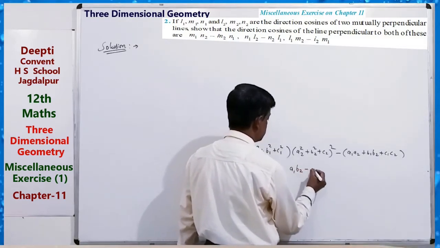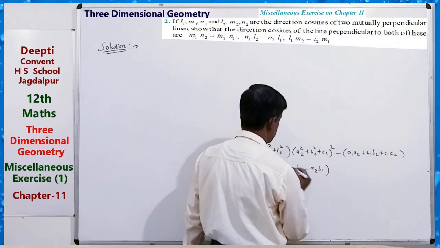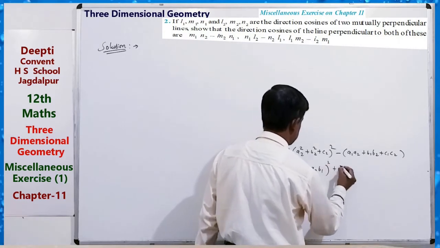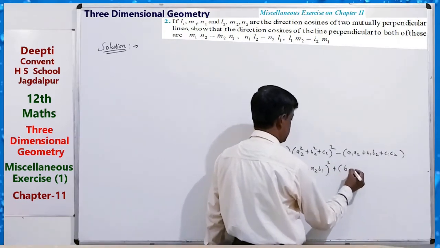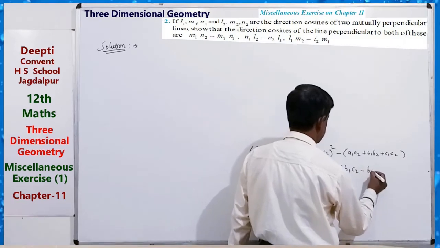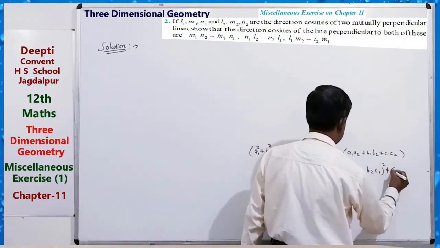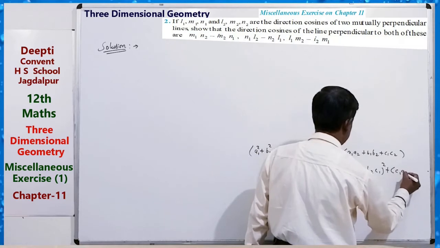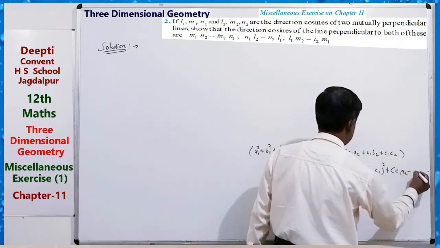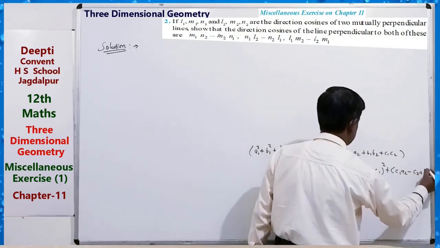(A1 B2 minus A2 B1) square plus (B1 C2 minus B2 C1) square plus (C1 A2 minus C2 A1) square.